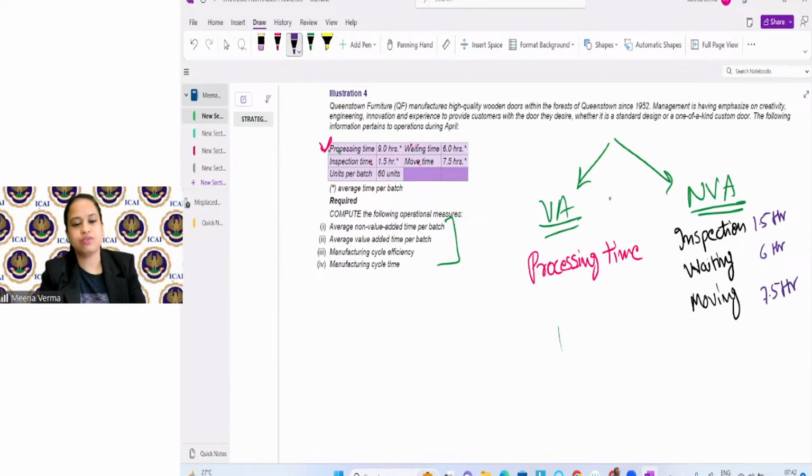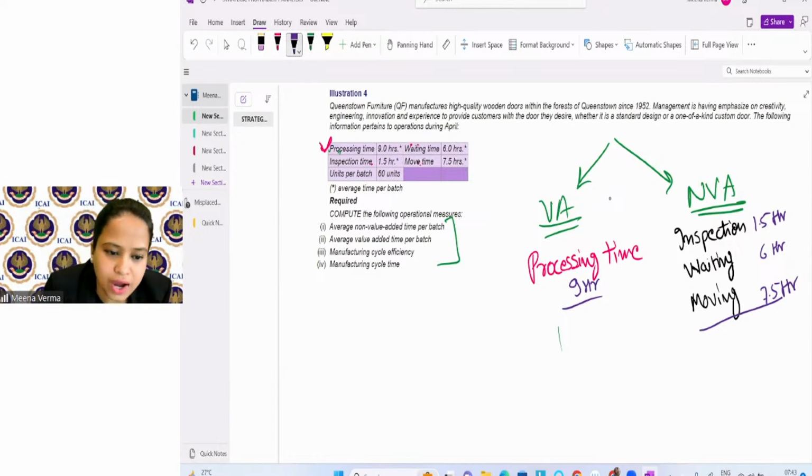These are all non-value-added activity. Process time is 9 hour. This is the value-added activity. If you add the non-value-added activity, you can see what is coming: 15 hour. So 15 hour will be the non-value-added activity and 9 hour will be the value-added activity.